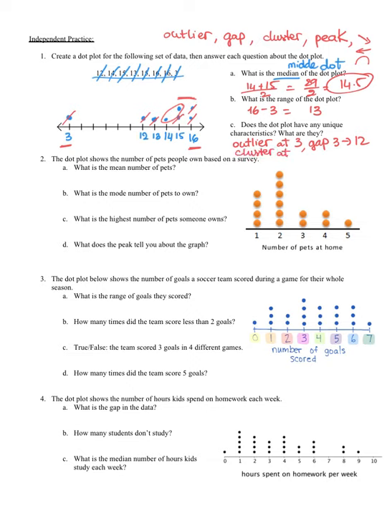Do you know what clustering means? That the points appear the same in some area. So a cluster at 15 to 16. Do we have a peak? No, I don't see a peak, which is the maximum point. Skew to the right or skew to the left? This graph looks like it skews left.